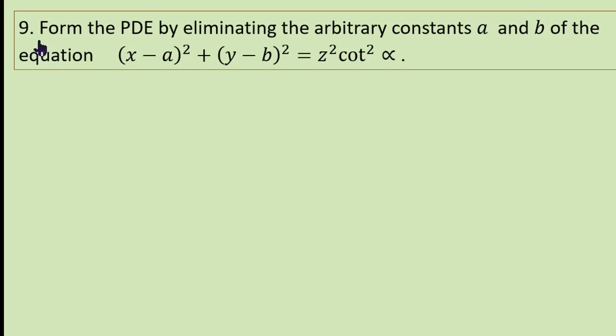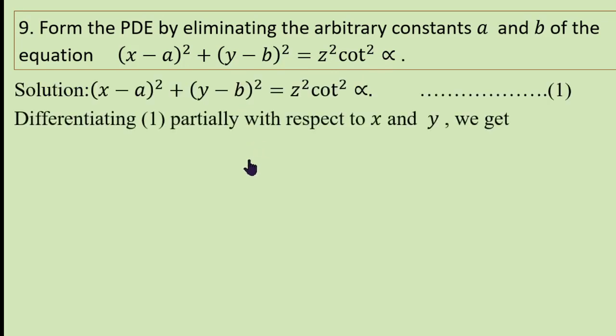Next one, form the PDE by eliminating the arbitrary constants a and b of the equation (x minus a) whole square plus (y minus b) whole square equal to z square into cot square alpha. Here alpha is a fixed constant, a and b are arbitrary constants.